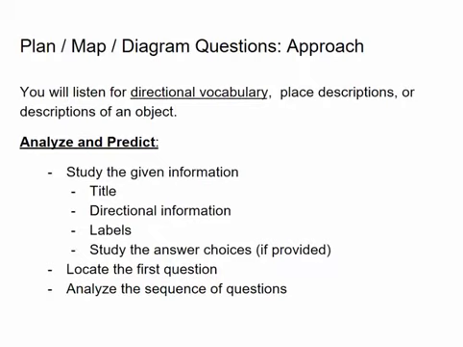Moving from numbers 1 to 2 to 3 to 4, how do the questions progress? And you need to make guesses about what are going to be the signals that let me know to move on from one question and to listen for the answer to the next question.